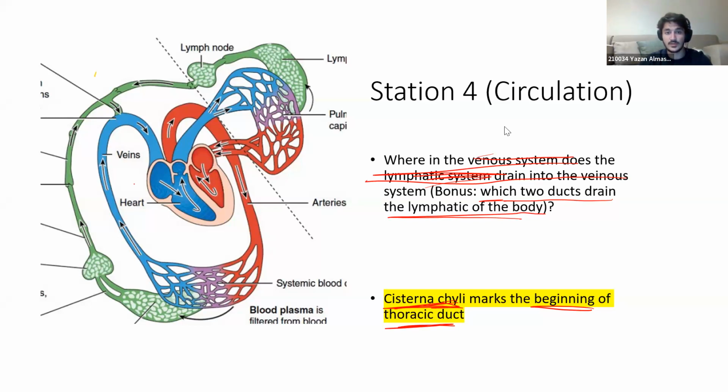Clear, clear. Could you explain the lymphatic? Sure. What exactly do you want me to explain about the lymphatics? Is there something specifically not clear, or just the whole concept again?